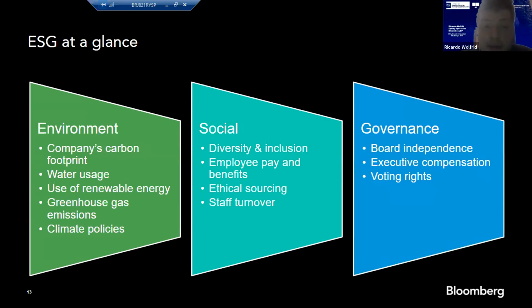Turnover: imagine a company that you see is a good company, but the company has a huge turnover of its employees. There is a problem. How is the culture of this company? And again, governance is a very important area as well. Is the board independent? How is the compensation of the management, the voting rights, etc.